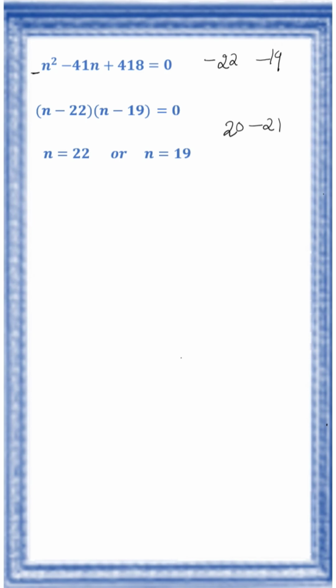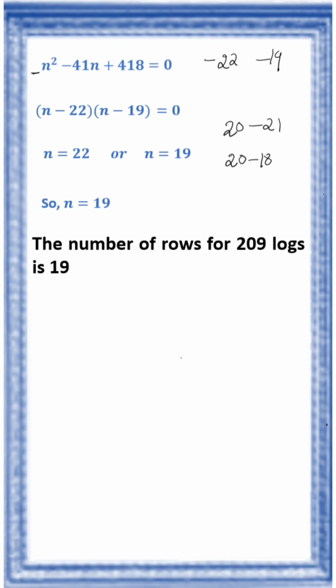If n is equal to 19, n minus 1 is 18, 18 into negative of 1, negative of 18. a is 20. So in the top layer, you will have 2 logs. So here n is 19. The number of rows for 209 logs is 19. This is the answer.